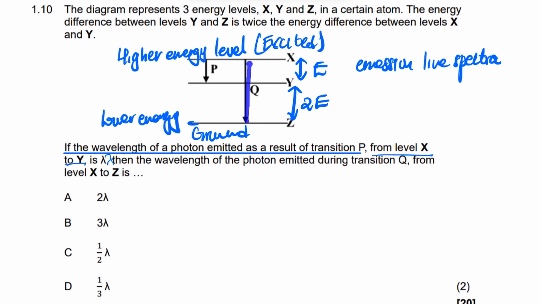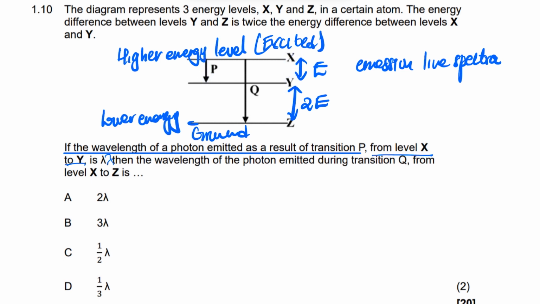It's an absorption line spectra if they're moving from a lower energy level to a higher energy level. But in this case, we're going to focus on the emission line spectra. Let's read it again. If the wavelength of the photon emitted as a result of transition P, if you look at transition P, we're coming from a high energy level to the mid energy level, which means that the energy difference there is E, which is that transition P from X to Y, right?